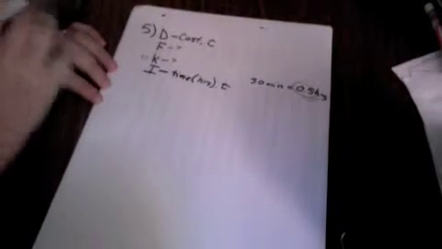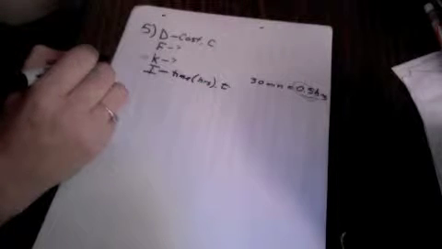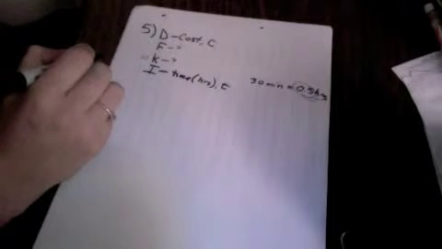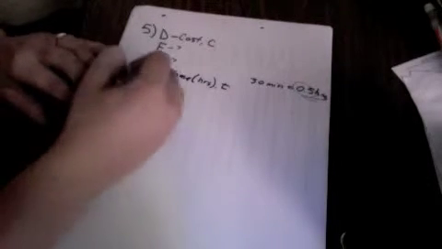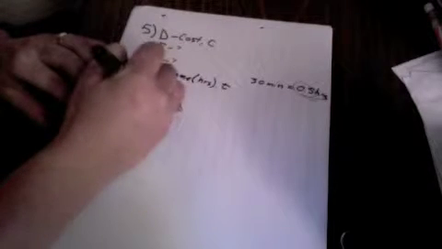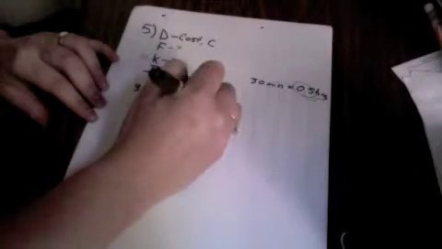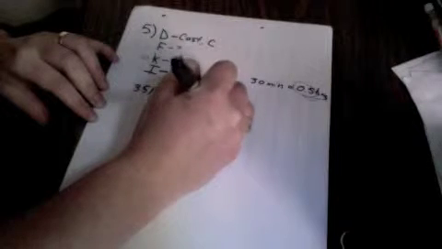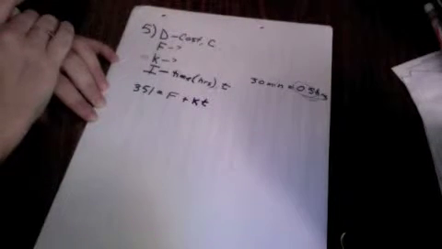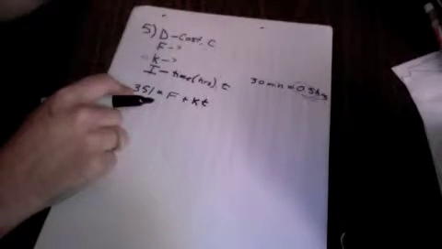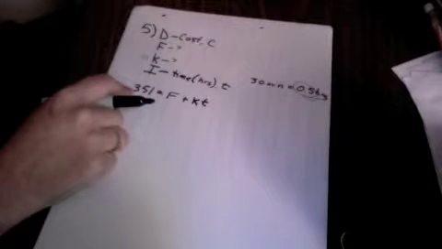We want to set up the two expressions that we know so that we can subtract them to find our K. We want to start out with our biggest one. For $351, that's equal to F plus KT. But in this situation, we know that it's charged $351 for 8 hours.